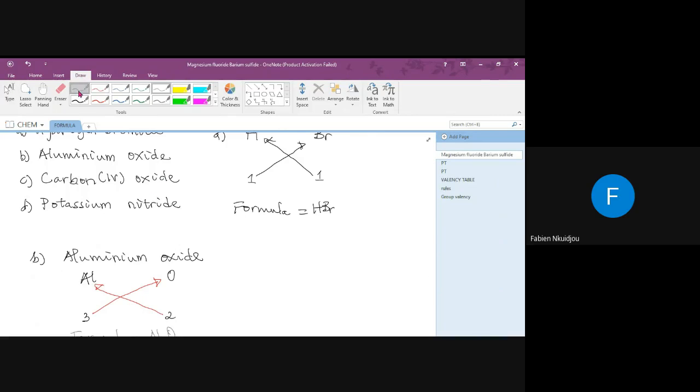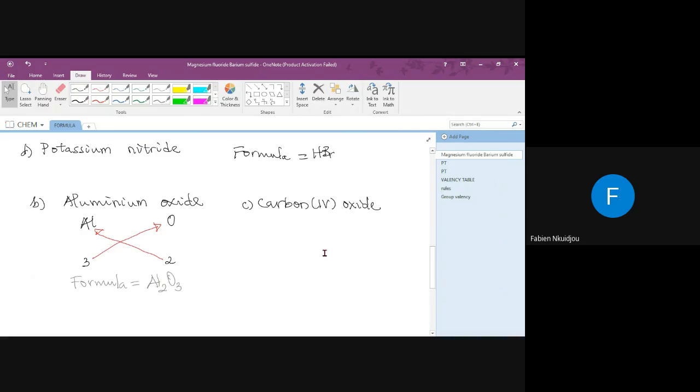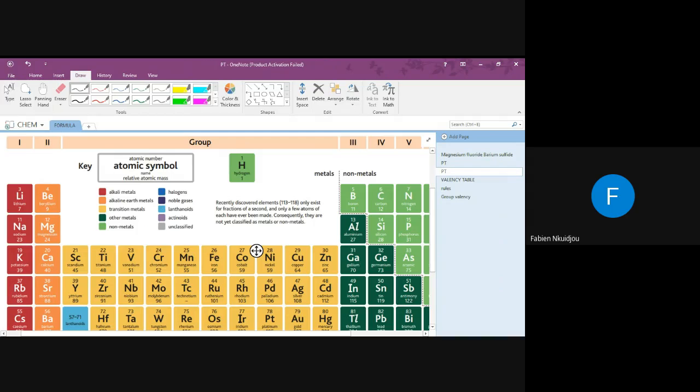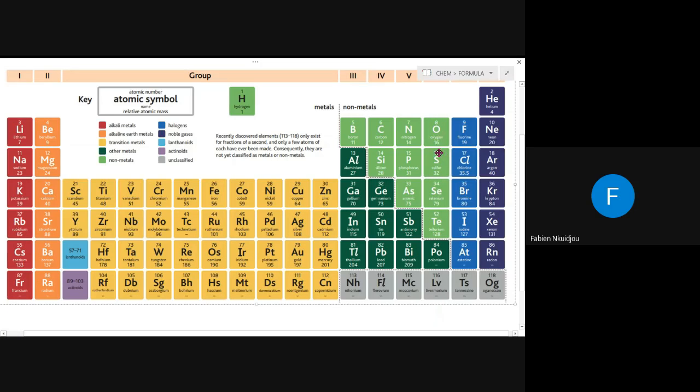So let's derive for carbon 4 oxide, also called carbon dioxide. So carbon, let's get to our periodic table. That is the symbol for carbon. We find it here. So here we have carbon and oxygen. We know the symbol already.